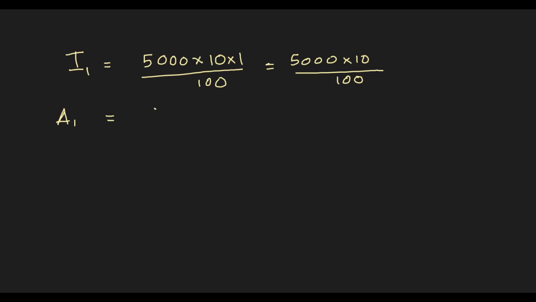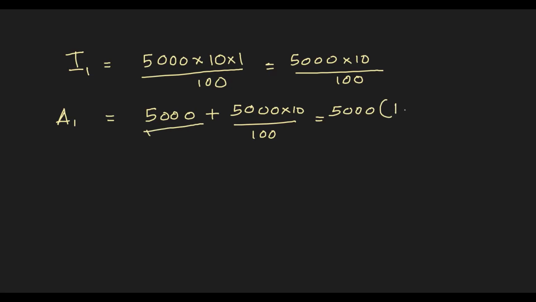Amount after 1 year is 5,000 plus the interest, that is 5,000 into 10 by 100. Here 5,000 you can take as common. Then what will be there? It is 5,000 into 1 plus 10 by 100, because 5,000 means 5,000 into 1. Here we took 5,000 out, so it remains 1 plus 10 divided by 100. Let it be like this only.